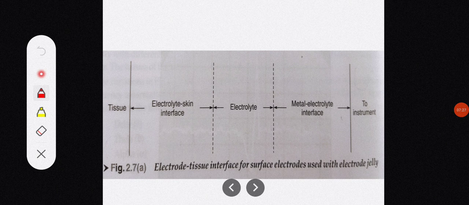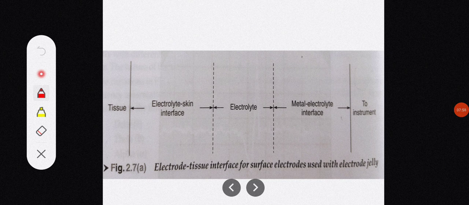For example, when recording the ECG, the electrodes we put over the body where the heart is present are surface electrodes. These are used over the body with the help of an electrolyte, or you can say electrode paste.